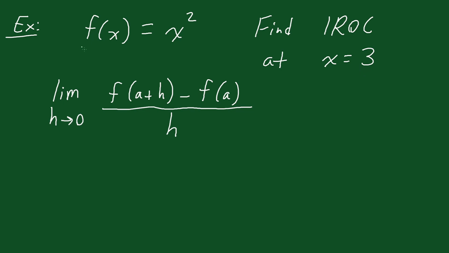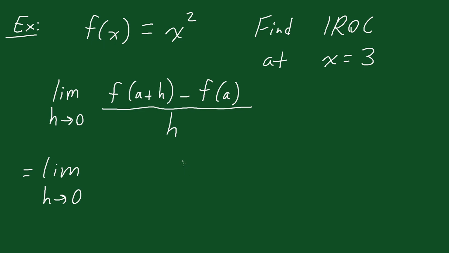The function we have, f of x, is x squared. So wherever you see an f and then a bracket, that function has to be represented with an x squared. So I'm going to say we have the limit as h approaches 0 of, instead of f of a plus h, I have to write this function, x squared, but instead of x, I'm going to substitute in a 3 plus h, because a plus h has to go where x is.